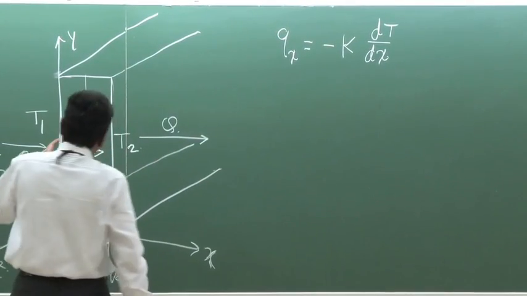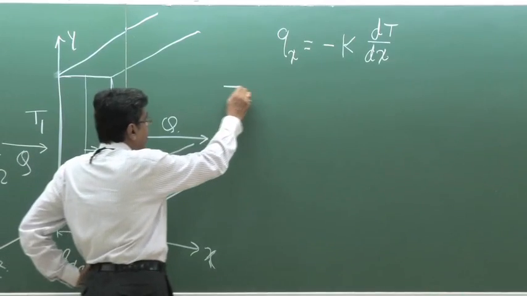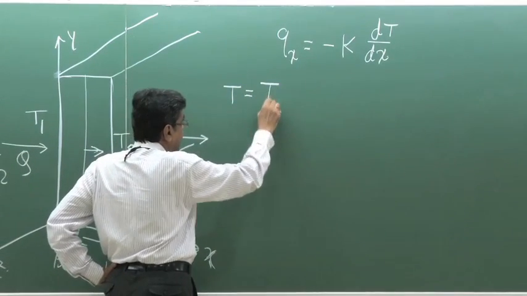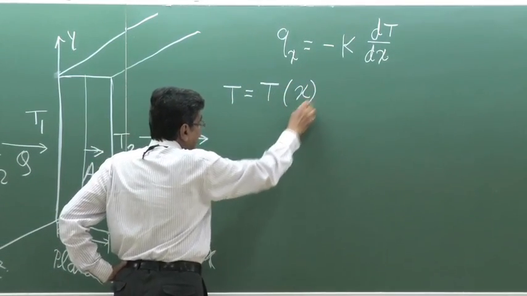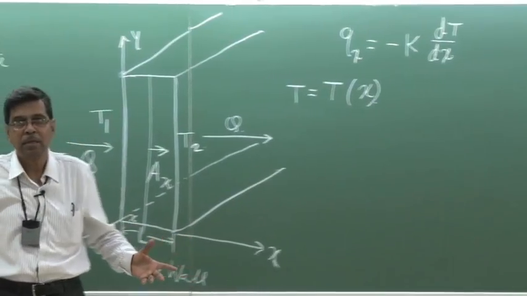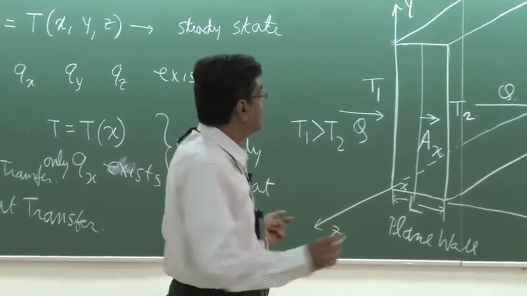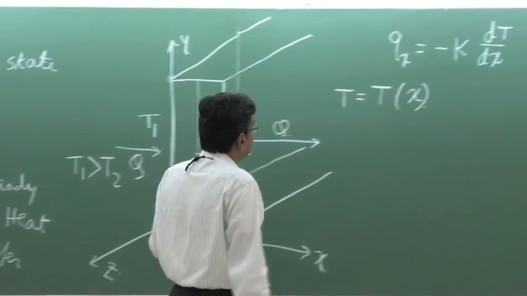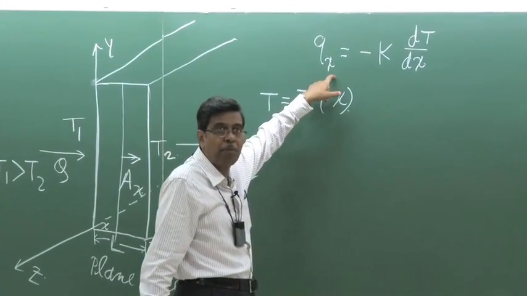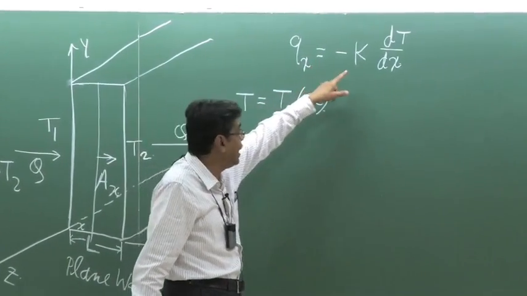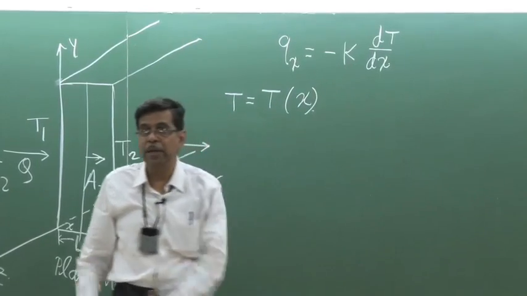Now, T is a function of x. So, therefore, dT/dx can be either a function of x or constant. It can never be a function of y or z, which means that Qx is not a function of y or z provided k is independent of the directions.